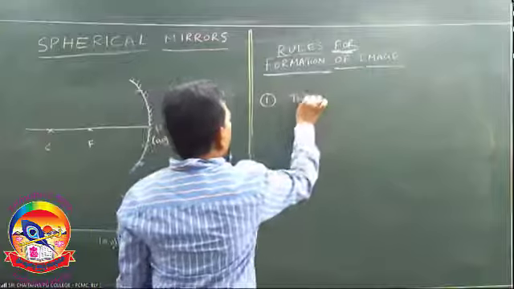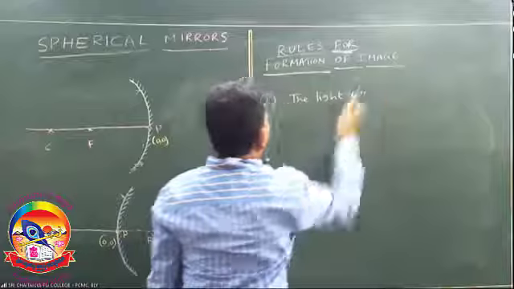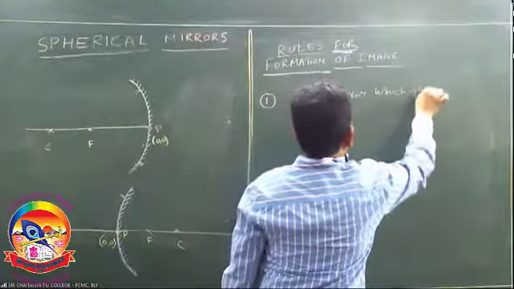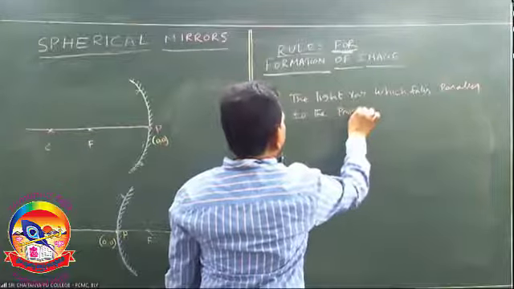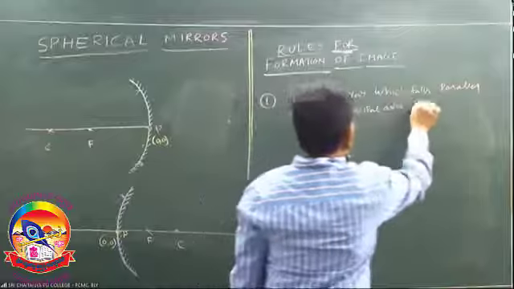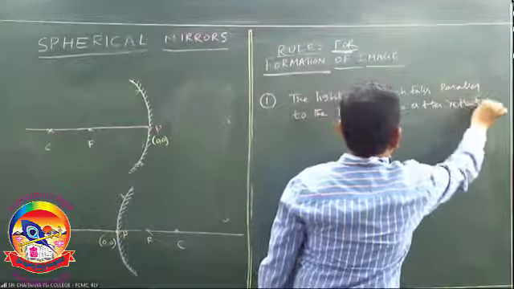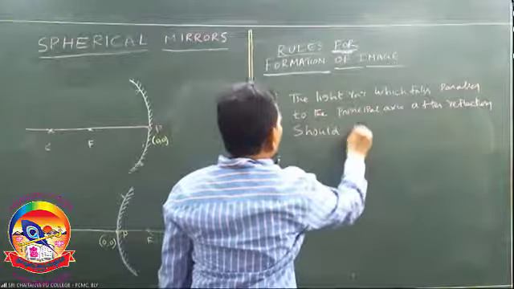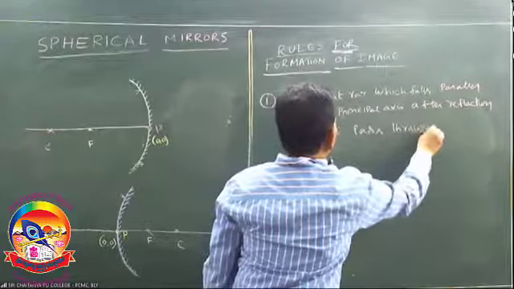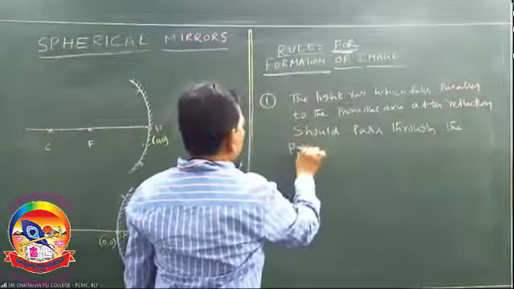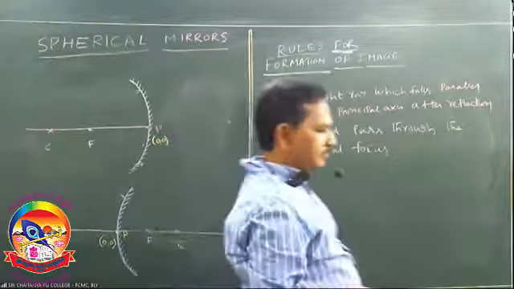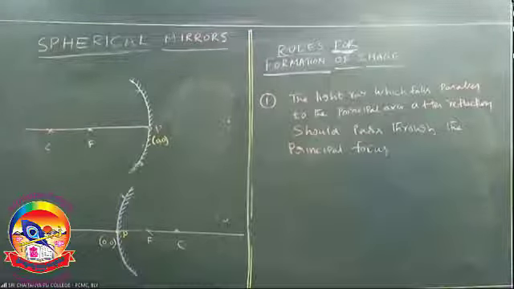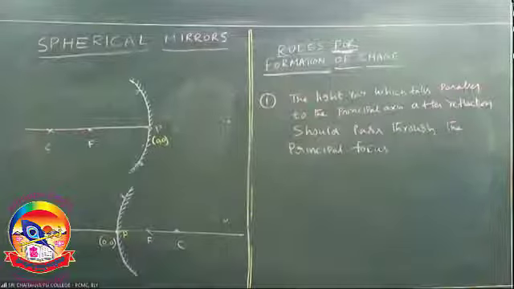The first one: the light ray which falls parallel to the principal axis, after reflection should pass through the principal focus.